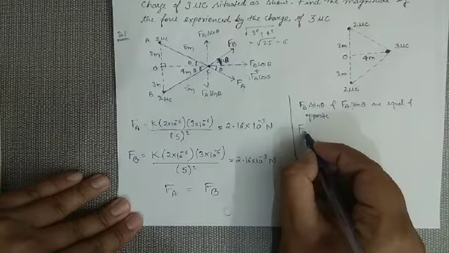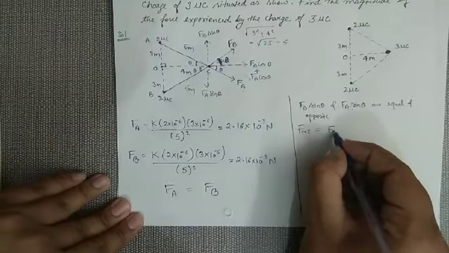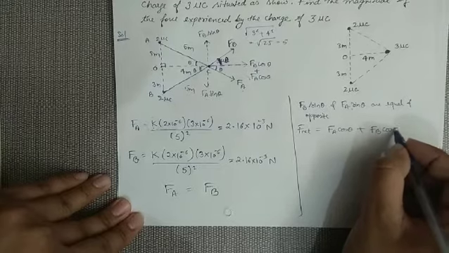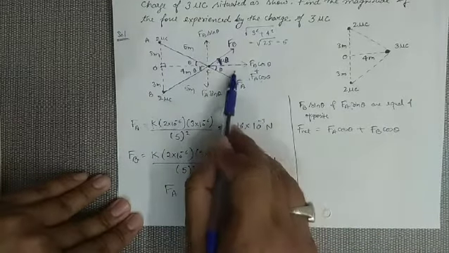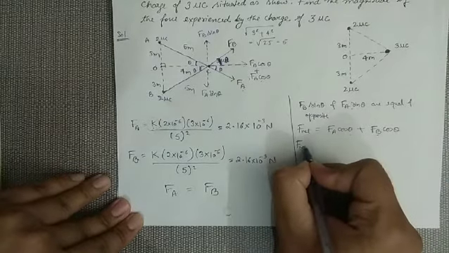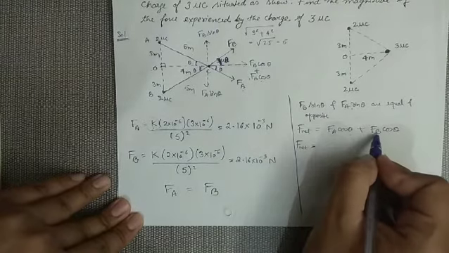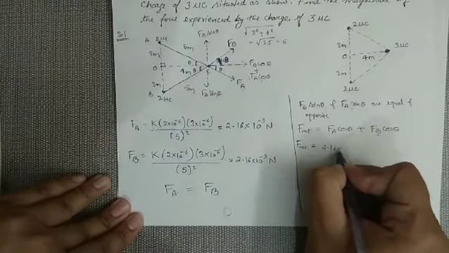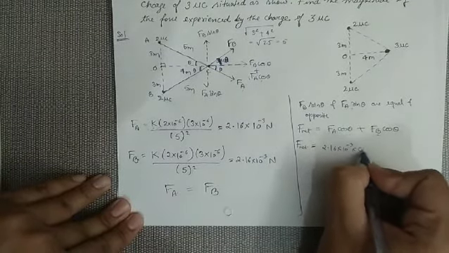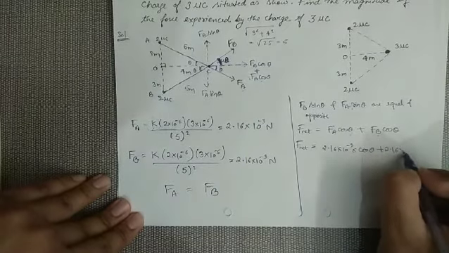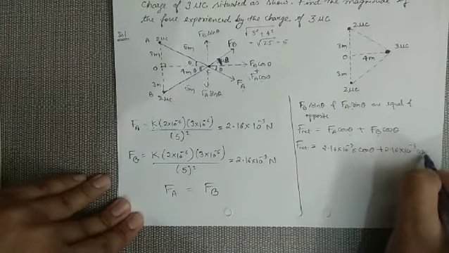So the net force will be only due to FA cos theta plus FB cos theta, because both are acting in the same direction. So we will add these two components, which will give us the net force. Now FA and FB are equal in magnitude. So 2.16 into 10 to the power minus 3 into cos theta plus again 2.16 into 10 to the power minus 3 cos theta.